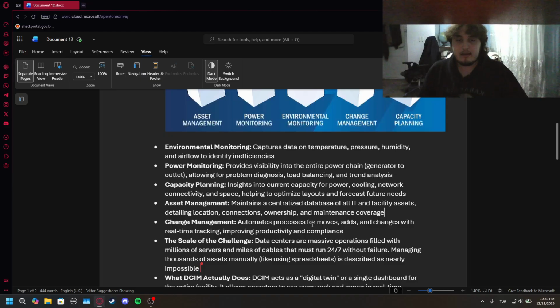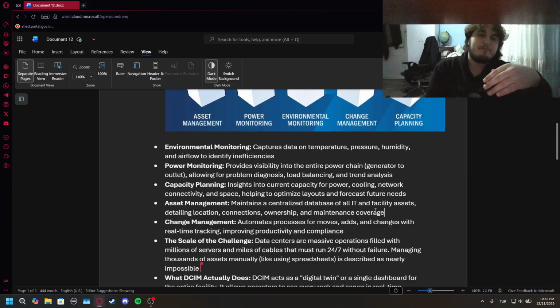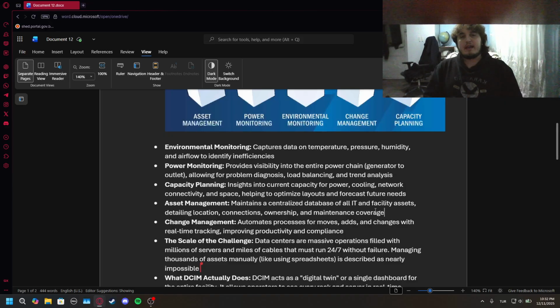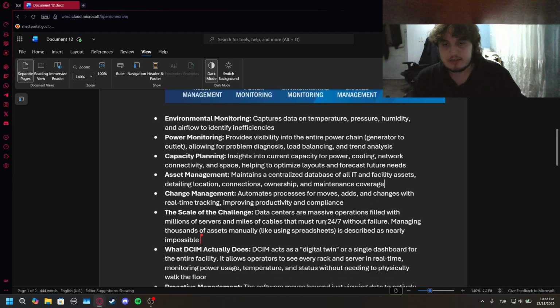This means that if you are moving something, everyone's aware of that, and you improve productivity by making this management more planned, in the sense that you know that A is going to B and B will be covered by C. Therefore, you handle it with D. What all of this basically means is that you just do planning for when you're going to change stuff. And it says it automates processes for moves, adds, and changes.